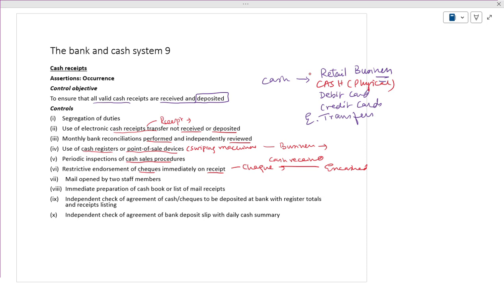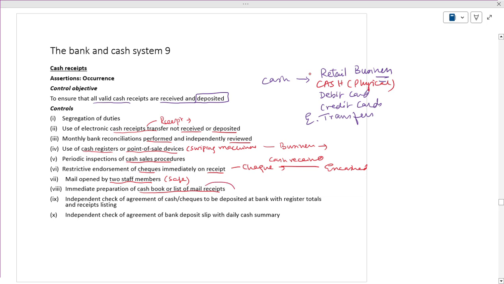Mail opened by two staff members, not by one, a junior as well as a senior. Immediate preparation of cash book or list of mail receipts. Now it is slowly being eliminated, but in most countries this process still exists.